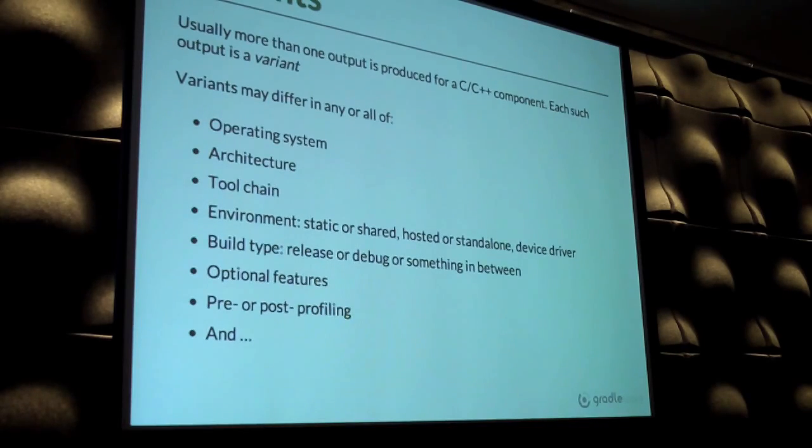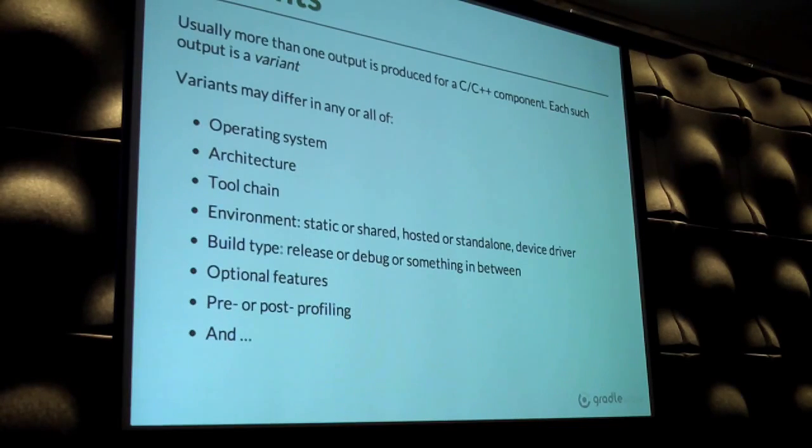Then build type: building release binaries, debug binaries, and anything in between, so maybe optimized debuggable binaries. And then there's just everything else. Every project can have its own dimensions that they care about: optional features, profiling, and so on.